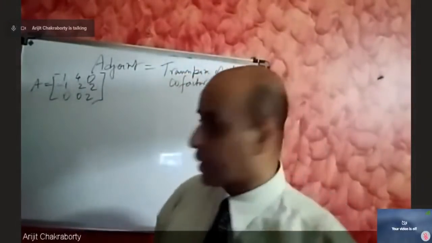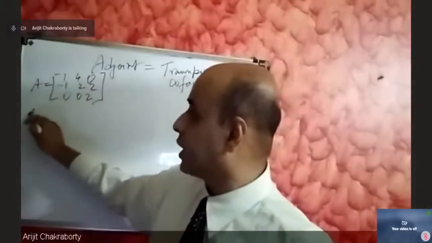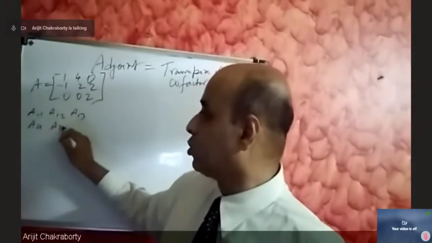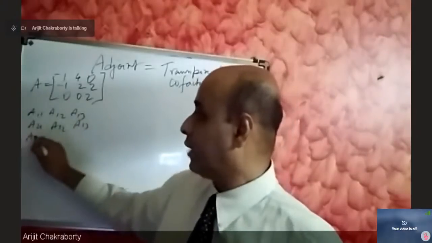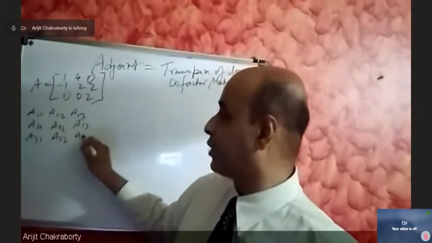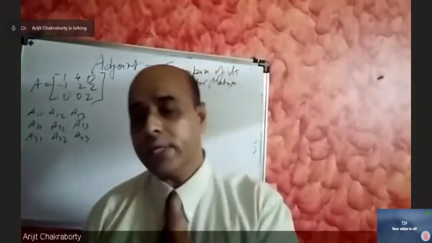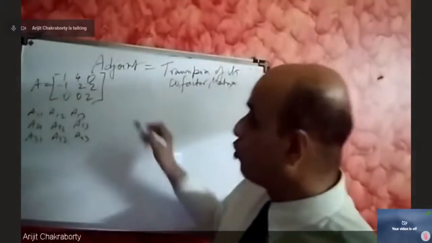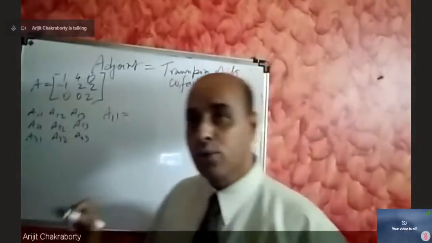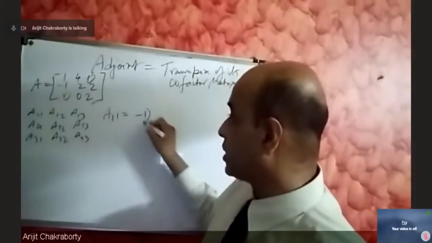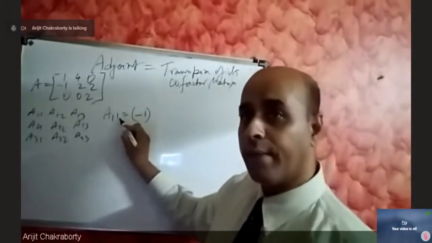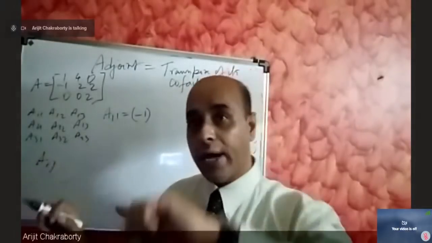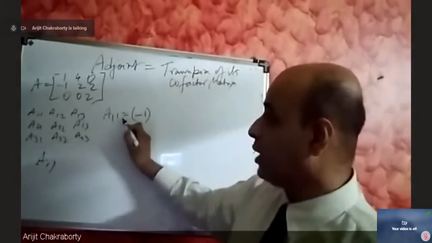Now the cofactors: you know the entries are A11, A12, A13, A21, A22, A23, A31, A32, A33. The cofactor calculation is there in the study material, just revising once again. How do we find cofactor A11? The formula is minus 1 to the power i plus j, where i is 1 and j is 1.